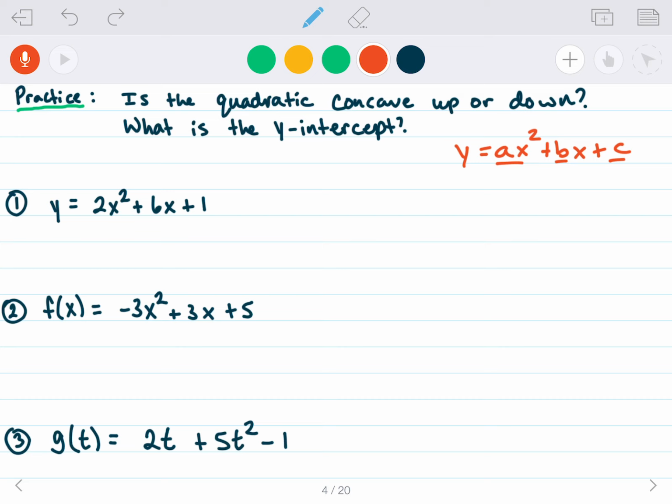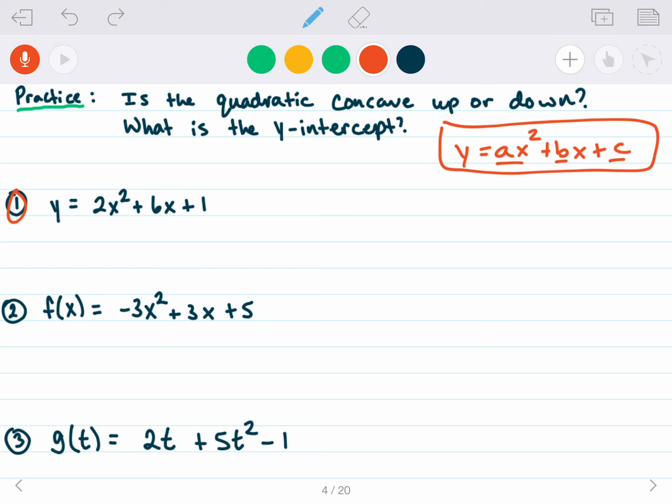All right, so let's put these ideas into practice. We can tell if a quadratic is concave up or down, so happy or sad face. And we can also tell what the y-intercept is just from the standard form, right? So if we are in standard form, we can conclude these two things: whether it's concave up or down, and what the y-intercept is. So let's look at number 1. First of all, is it in standard form? Well, yes, it is. We have an x squared as our highest variable term.